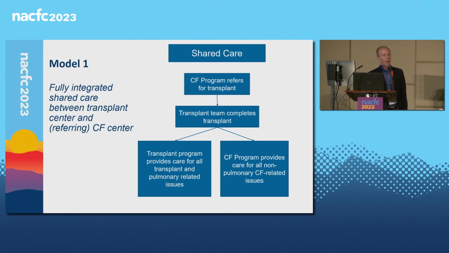So this model outlines basically complete shared care, where the CF program refers for transplant, the transplant team does the transplant, and then the transplant team focuses on the transplant issues, and there's an establishment of a local CF care program who would oversee all the non-pulmonary CF-related issues, from diabetes to sinusitis to other aspects that crop up from a CF standpoint after an individual has undergone transplant.